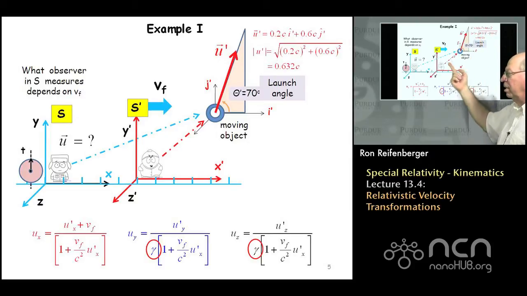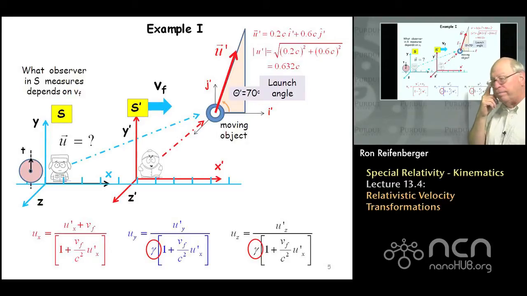So the observer in the S prime frame would measure a velocity of 0.632 times the speed of light, and he would see this object moving at an angle theta prime of 70 degrees. Let's call it a launch angle to make the discussion simple. He would see a launch angle of 70 degrees for this object as he flies by at a velocity v sub f.